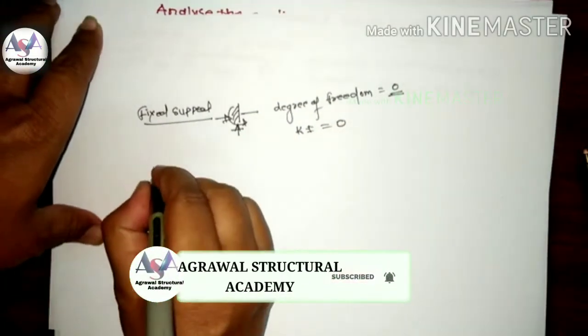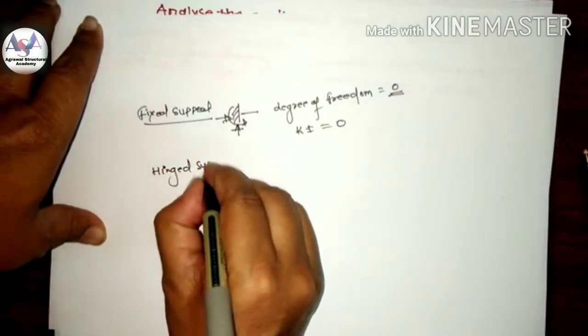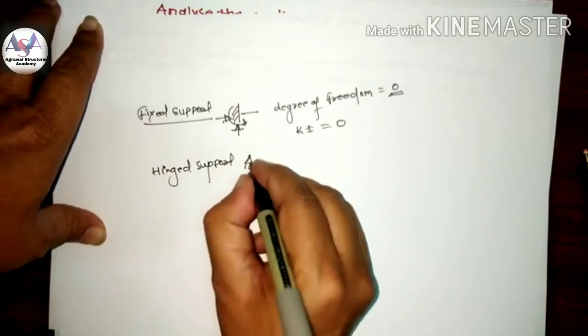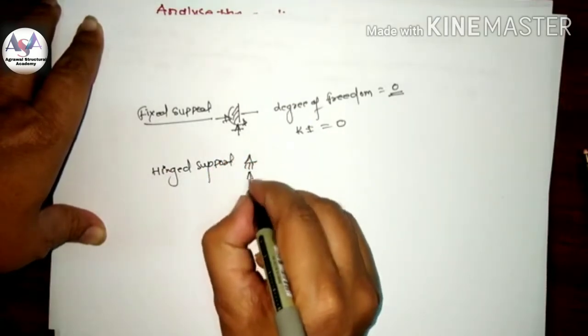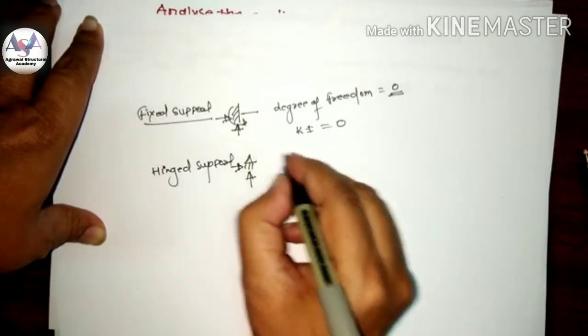Now second is the hinge support, like this. So this has one vertical reaction and one horizontal reaction. So here there is a possibility of rotation.